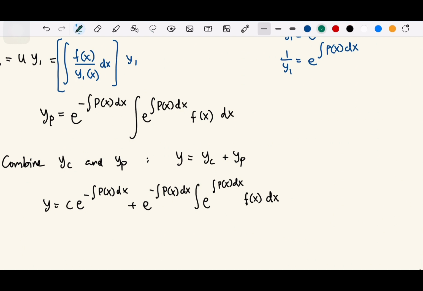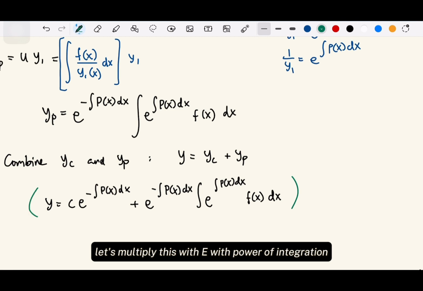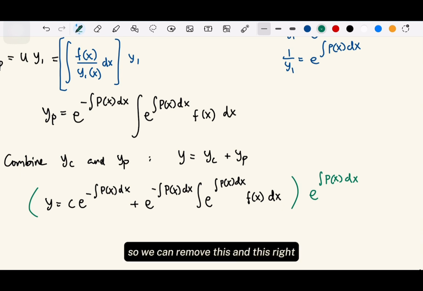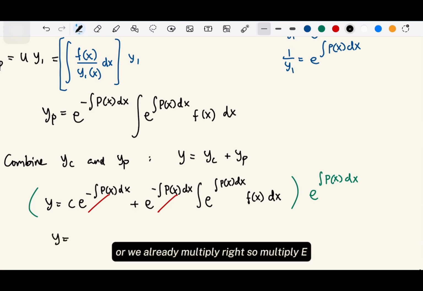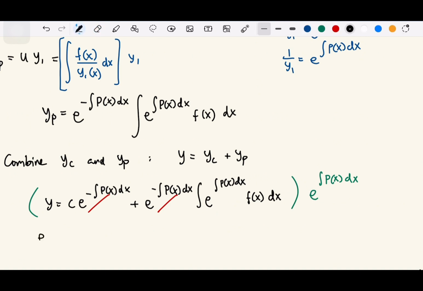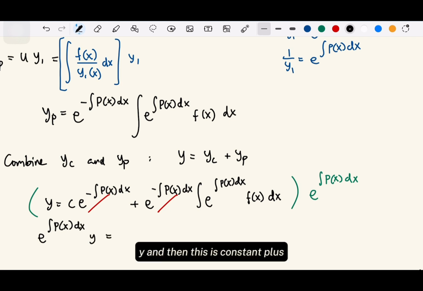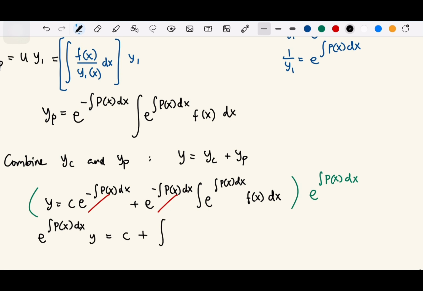Well, let's simplify it. Let's multiply this with e with power of integration of p x dx to remove the e with power of negative, right? So we can remove this and this, right? So we have y, or we already multiplied, right? So multiplied e, y, and then this is constant plus the integral of e f of x dx.